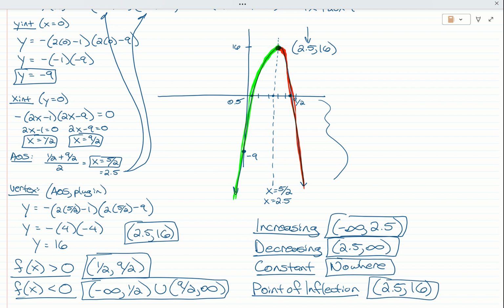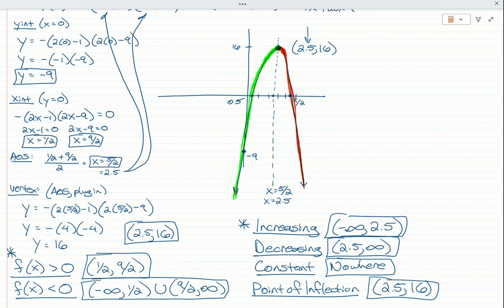Point of confusion is usually right over here where f of x is greater than 0. Increasing, sometimes people get a little confused by that. Remember, f of x is the same thing as y. So where is the y value above the x-axis? Right here. Increasing means where is the graph going up from left to right? Here.